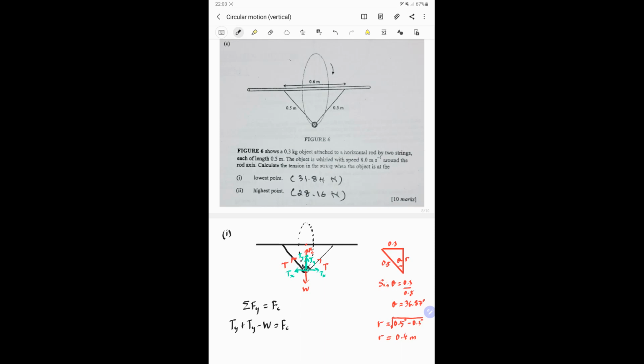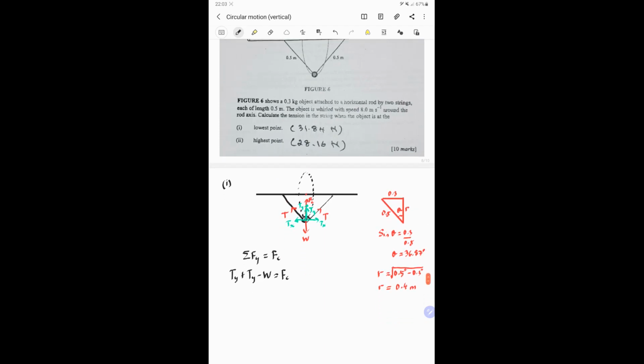Alright, so let's arrange the equations. TY here is touched by the angle, isn't it? So should it be T sine or T cos, because the angle is here. This is the angle theta. Touching the angle should be cos, isn't it?